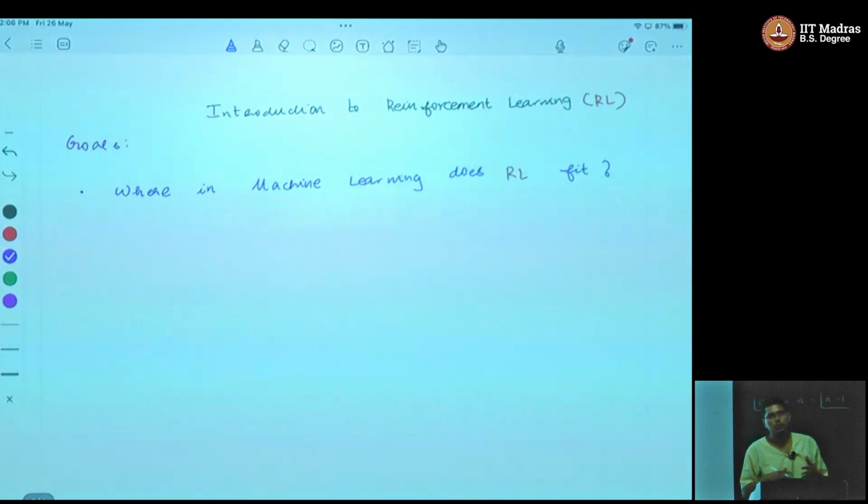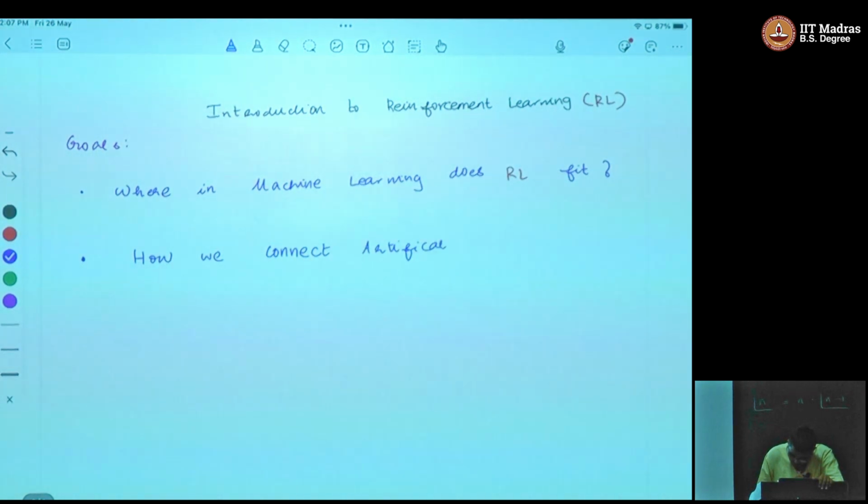But once you utter the word machine learning, you also have to say how we connect artificial intelligence and machine learning.